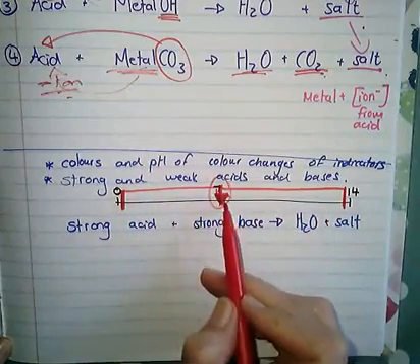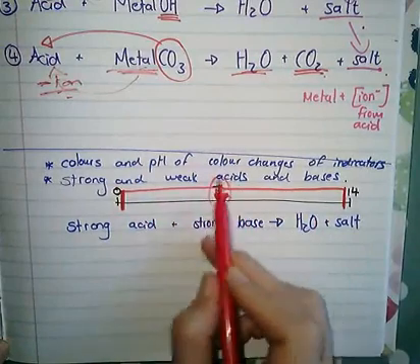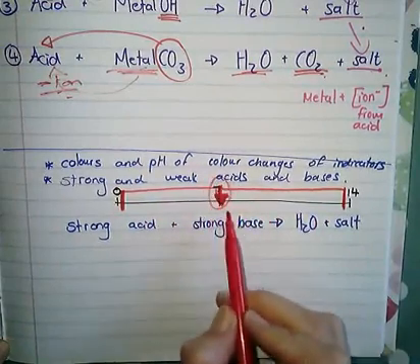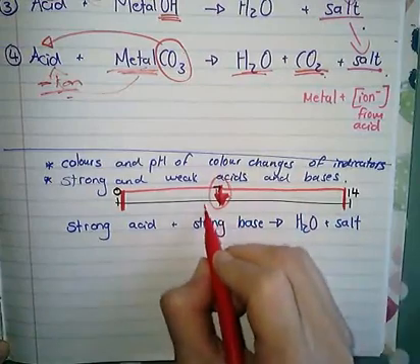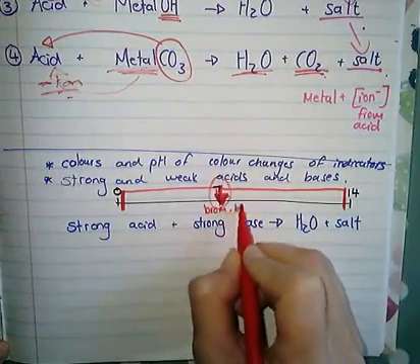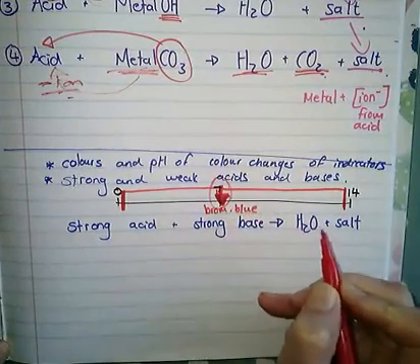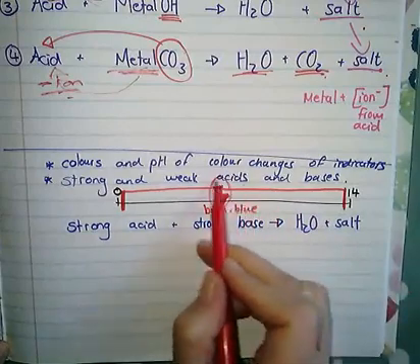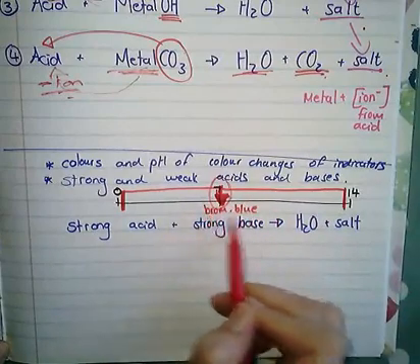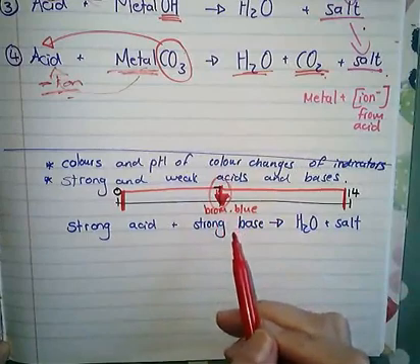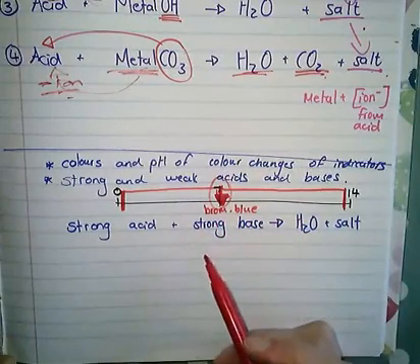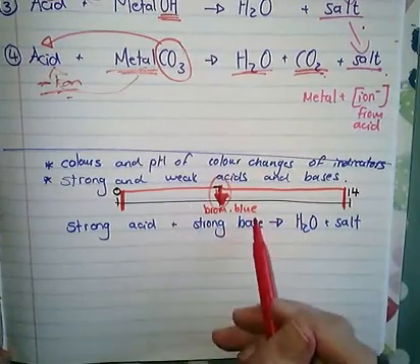So that's why you have to know at what pH which one changes. The color change will be between yellow and blue, depending on whether you originally had it in the acid or in the base, so from blue to yellow or from yellow to blue.